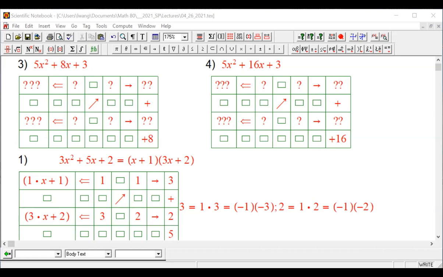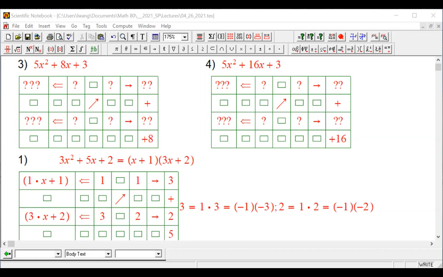Today's homework is going to be alpha 40.